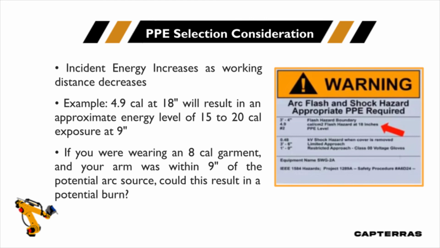Maybe you throw a coat on, maybe you put a higher level of PPE on, maybe you choose to do nothing, but I want you to make that decision. And again, this is where a program should help people understand the differences of working distance and so forth versus incident energy exposure. This is where I try to avoid a paint-by-number system. Even though we want it simple, I want people to make good judgment calls on their PPE.